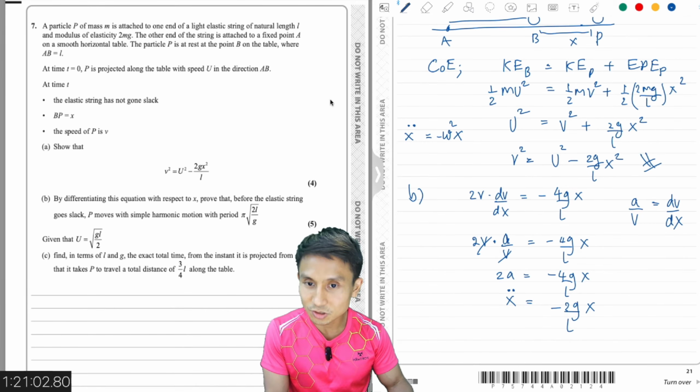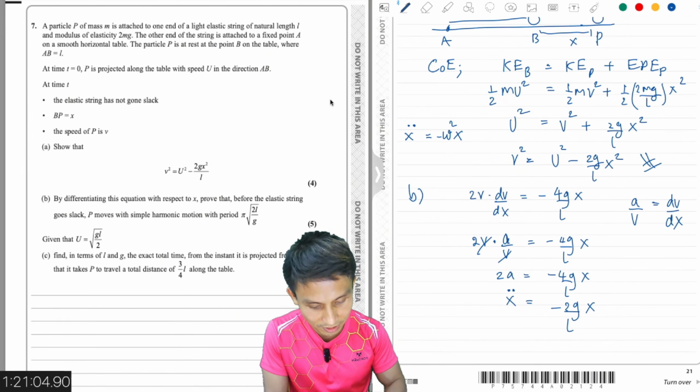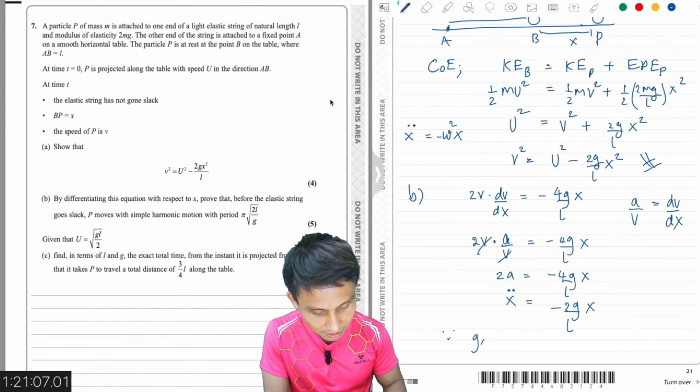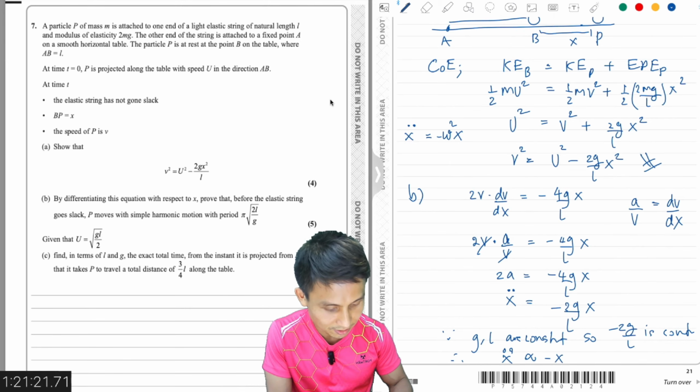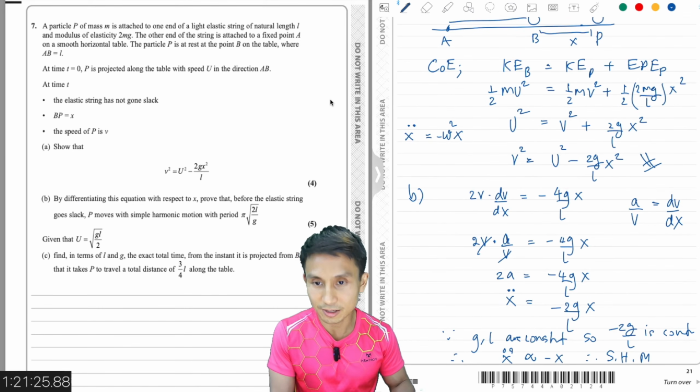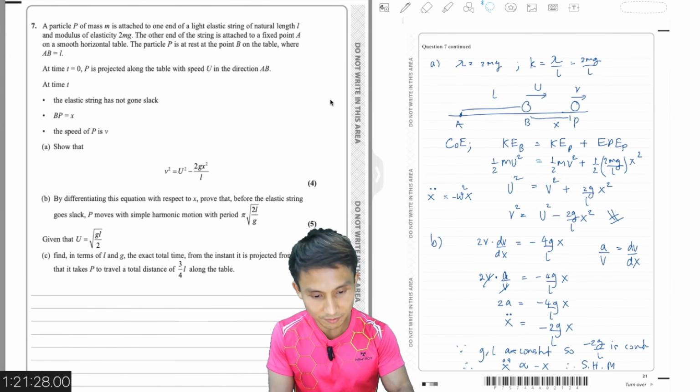So we have now proven that because g and L are constant, minus 2g over L is constant. Therefore, x double dot is proportional to minus x. Therefore, simple harmonic motion. And we need to find the period as well.